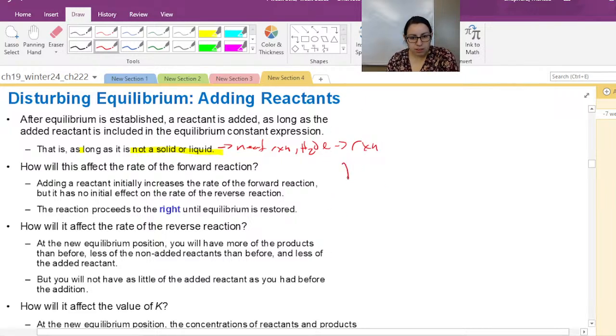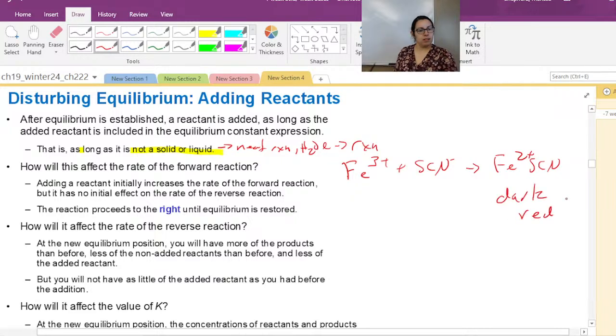And so let's think about our lab, actually. We had iron 3 plus and our thiocyanate, which gave us that dark red complex. So if you add your reactants, any sort of iron 3 source, and you saw that in lab, it could have been any iron 3 source, so that's why they wrote it so funny.